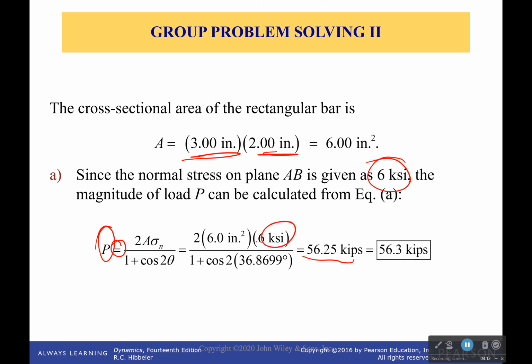If you multiply square inches by KSI, you're going to pop out with kips. The K right there just stands for 1,000. And we're going to round that to 56.3 because we only need 3 sig figs.